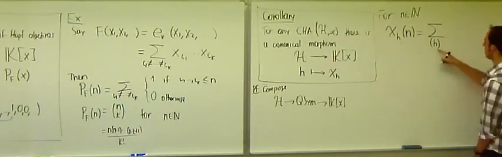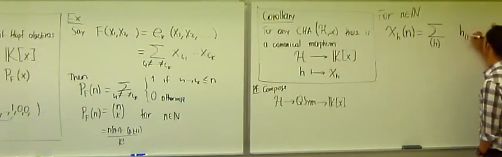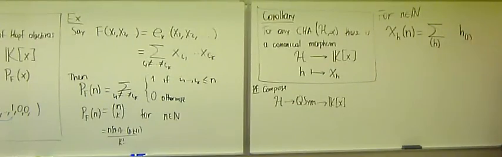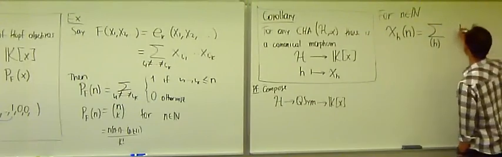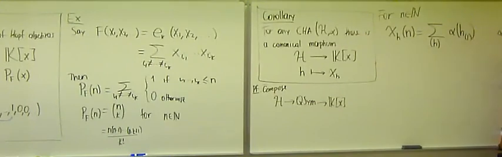If you apply the nth coproduct, this is going to give you h1, h2, up to hn, tensored. But now we're going to take away the tensor and apply alpha to each coordinate, and we're going to get this. Okay? A very explicit formula.